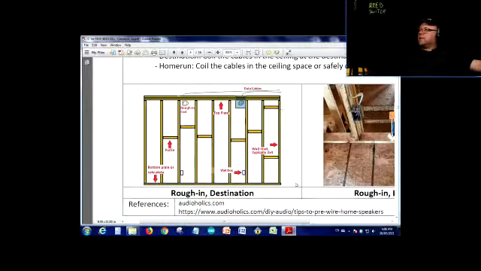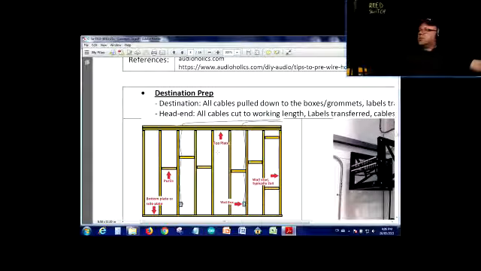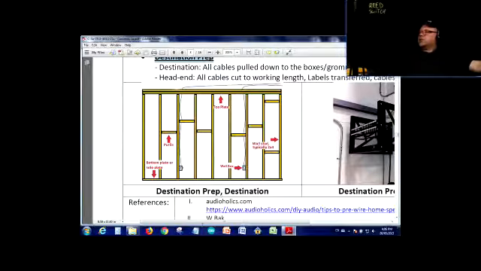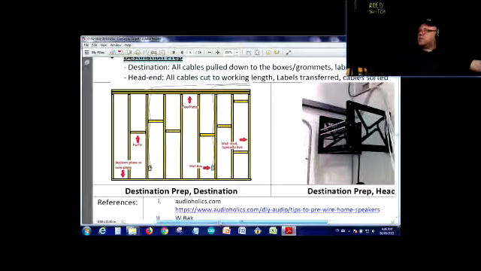All right. So now we go to the next stage, which will be the destination prep. And that usually takes 2 people. I have the left side of the screen and the right side of the screen here. So this will be the destination preparation, or the installation at the destination location.